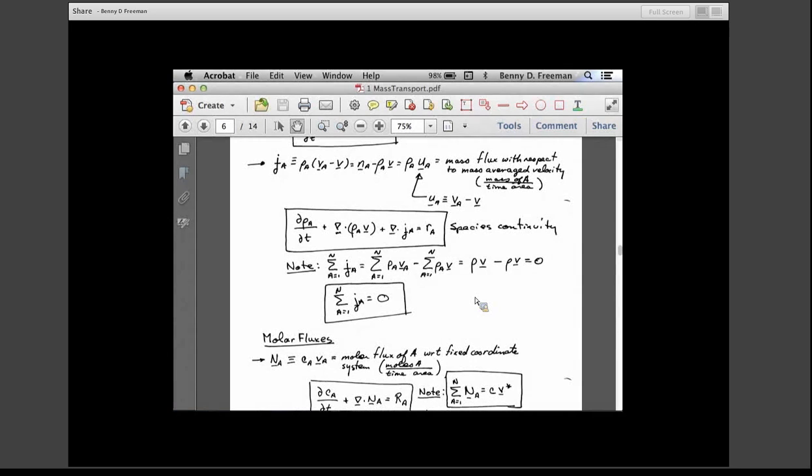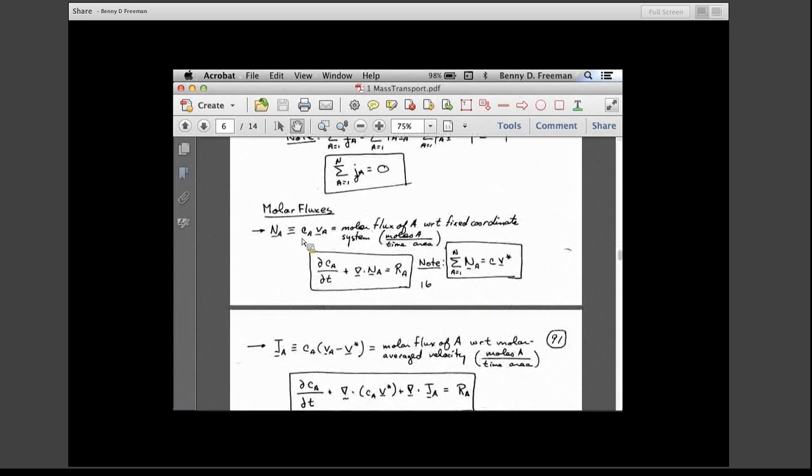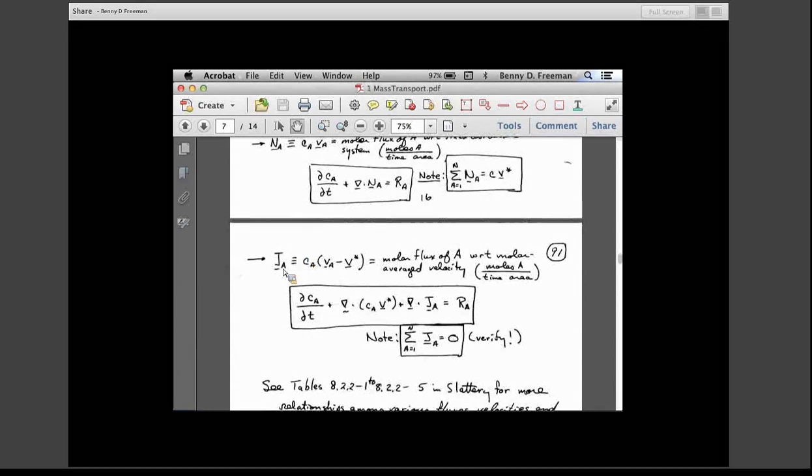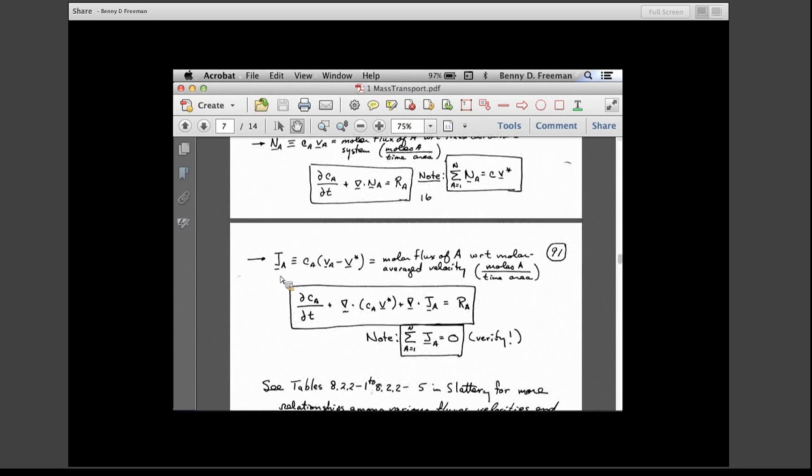Now, you can extend this concept also to the molar fluxes, and your textbook uses capital letters for the molar fluxes, so we'll try to stick with that. Basically, the argument goes in much the same way to break the total molar flux into a piece that is relative to the molar average velocity, V star, and a piece that is simply due to the transport of components based upon that molar average velocity.